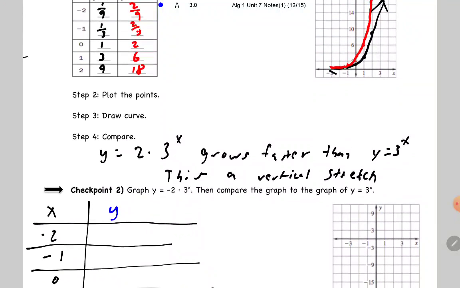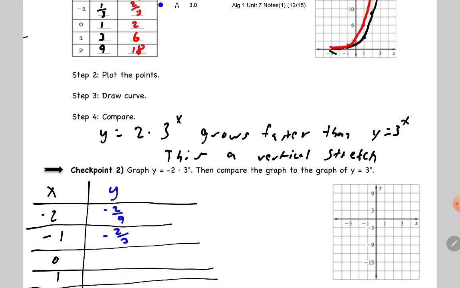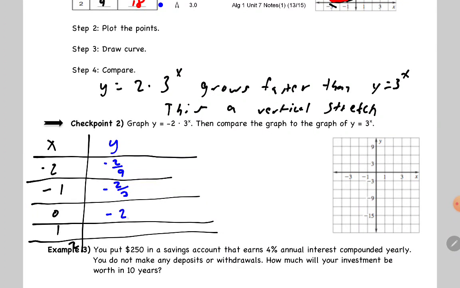So I'm going to get negative 2/9, negative 2/3, negative 2, negative 6, and negative 18.